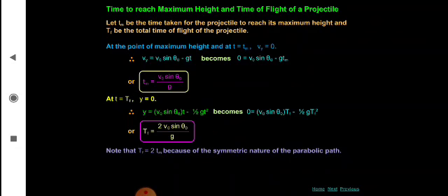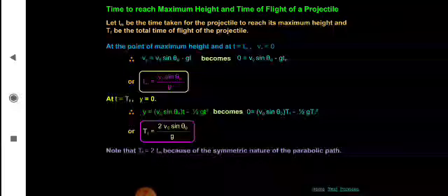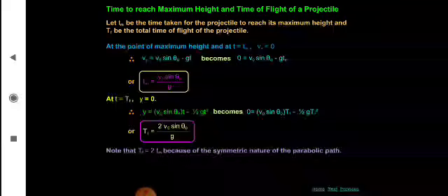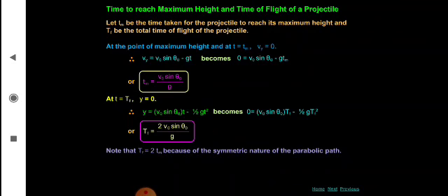So Tm is equal to v naught sin theta naught divided by g. This is the expression for the time taken for a projectile to reach maximum height.